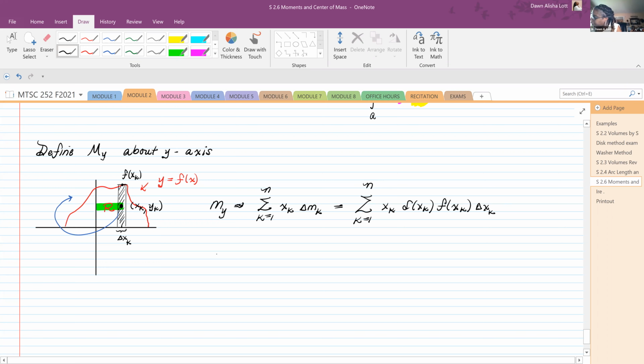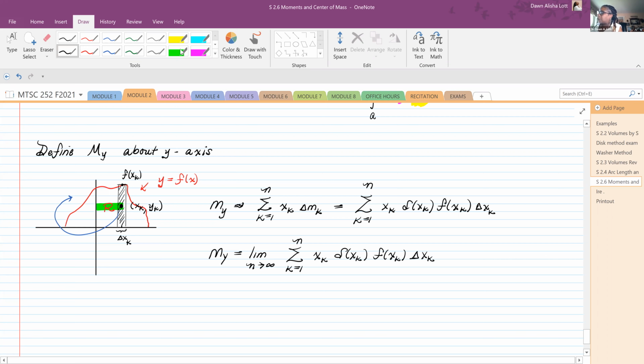So therefore My is the limit as n approaches infinity of the sum of k equals 1 to n of xk delta xk f of xk triangle delta of xk.